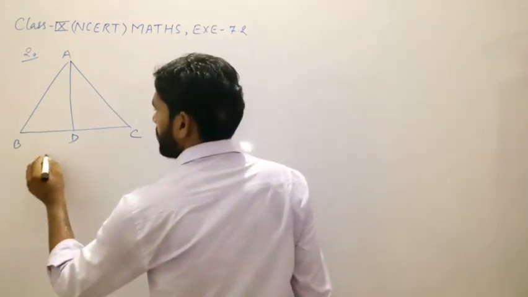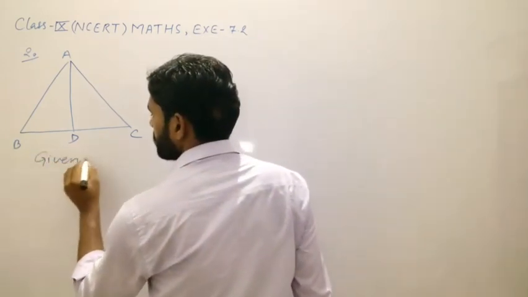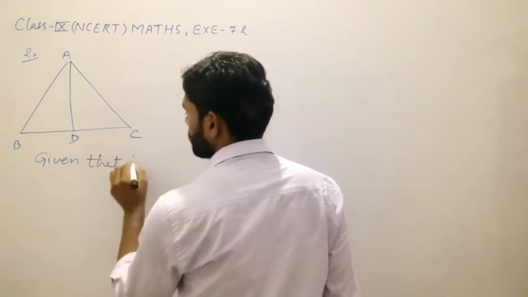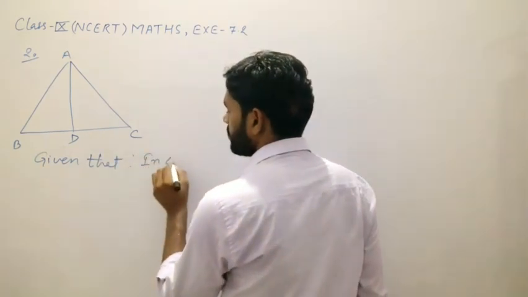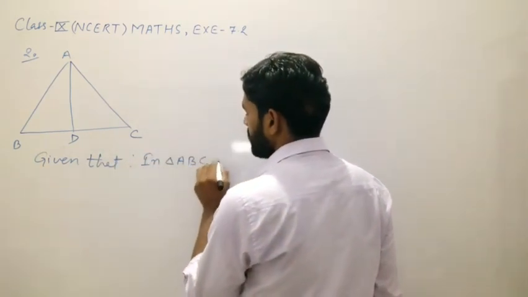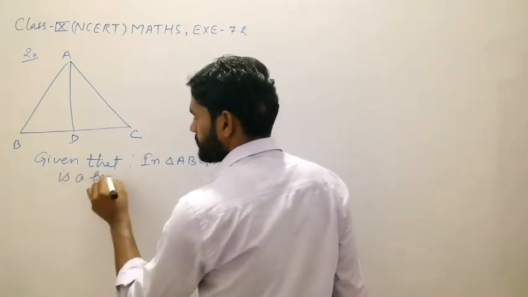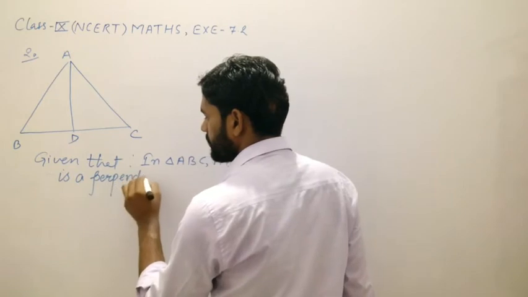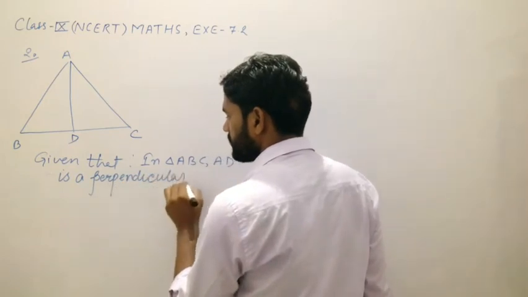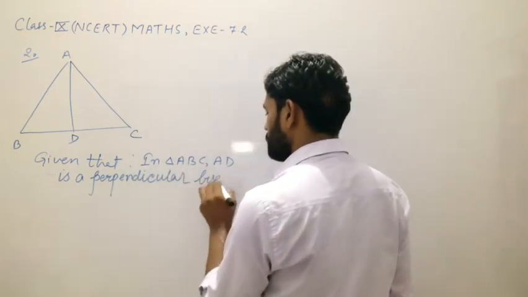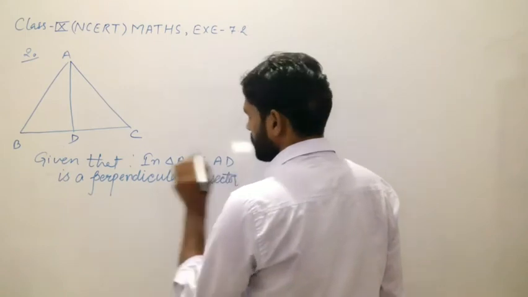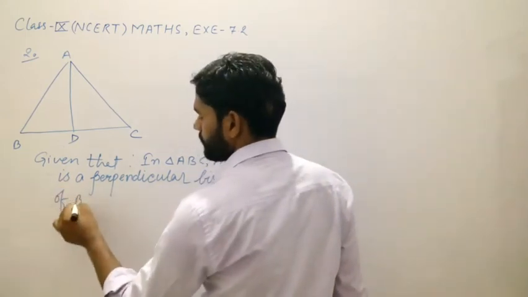First of all, given that in triangle ABC, AD is a perpendicular bisector of BC.